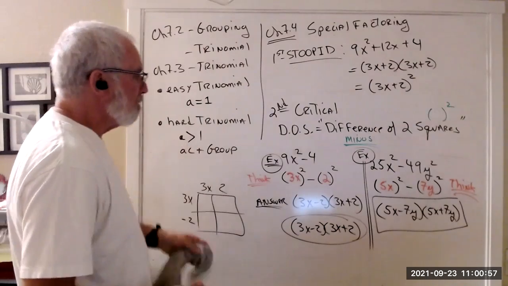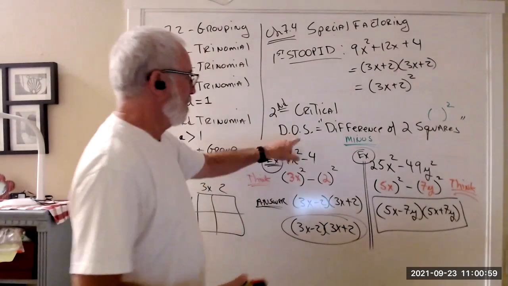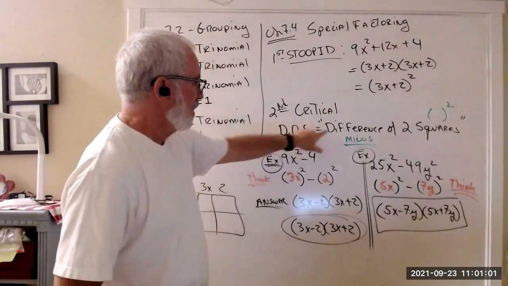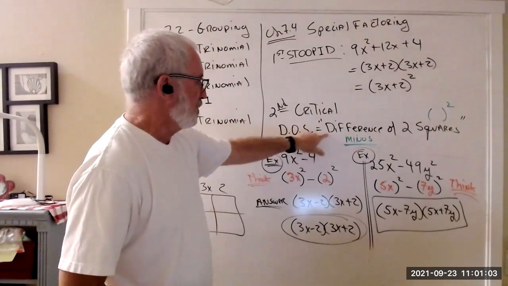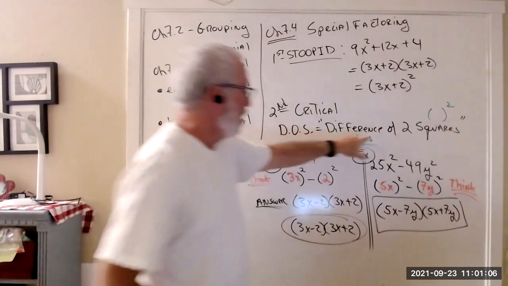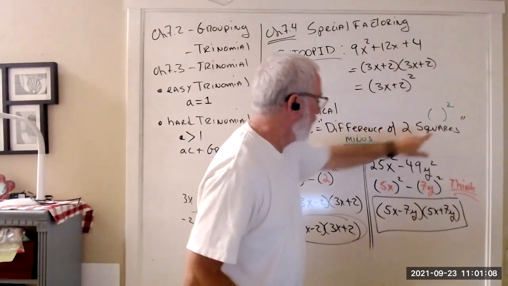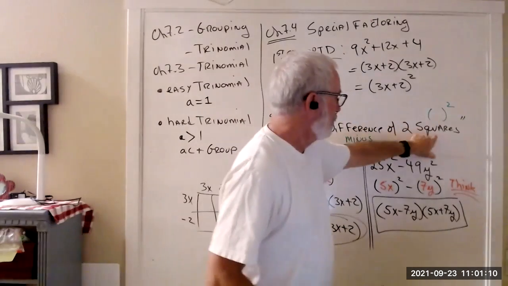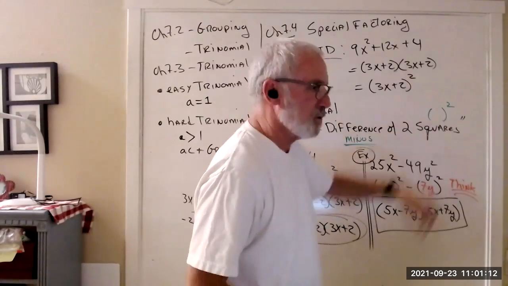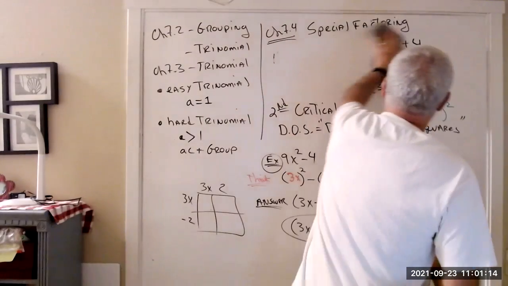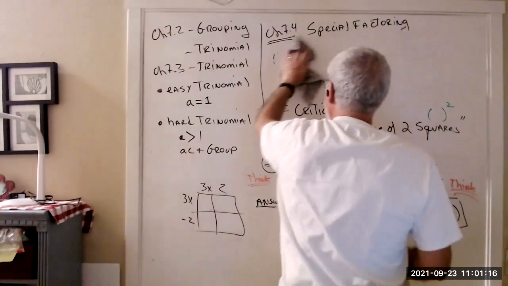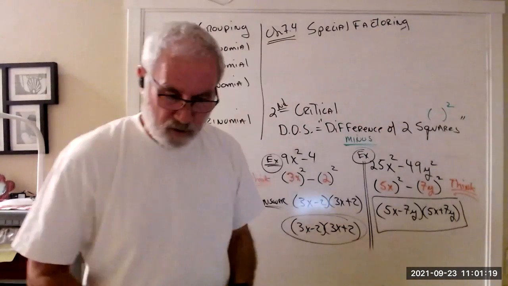Let's do one more DOS problem. DOS, D-O-S, difference. The D stands for difference of two squares. DOS means two, and the S means squares. Difference of two squares. All right.